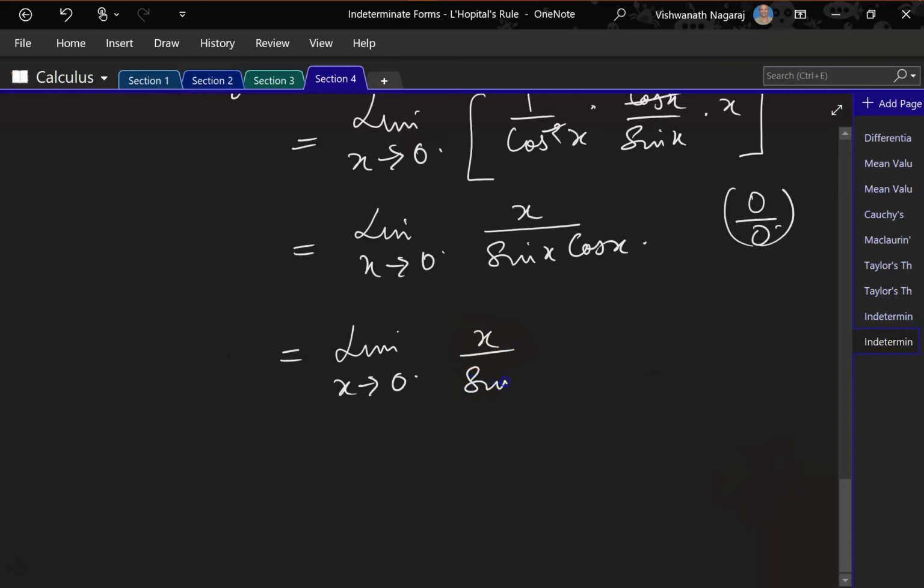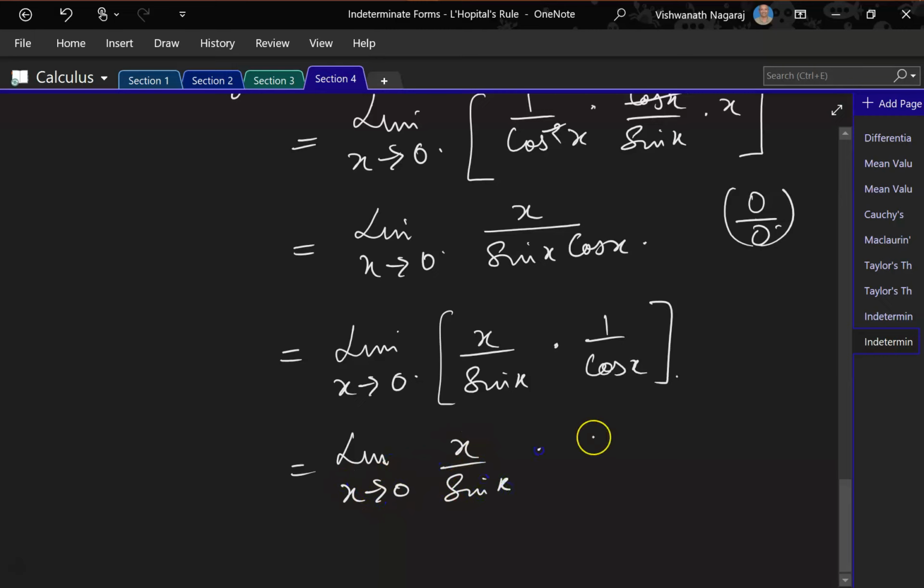X by sin x, and this we will separate out, 1 by cos x. So limit as x approaches 0 of x by sin x times limit as x approaches 0 of 1 by cos x.